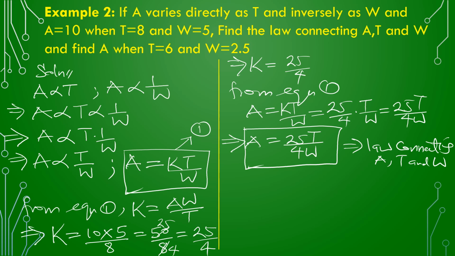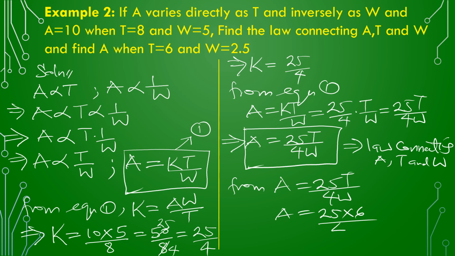Now, from this law connecting a, t and w, a equal to 25t over 4w, we have that a is equal to 25, t is 6, w is 2.5. This is equal to 25 times 6 divided by 4 times 25 over 10.